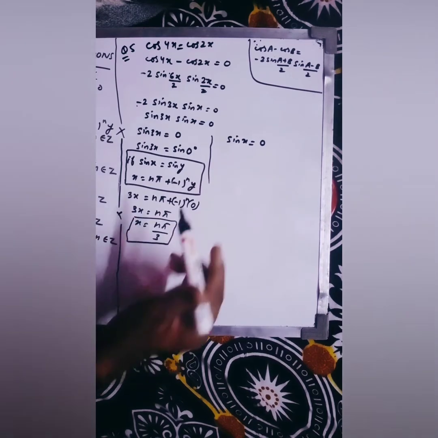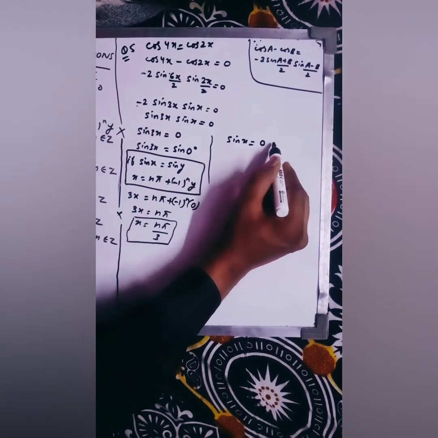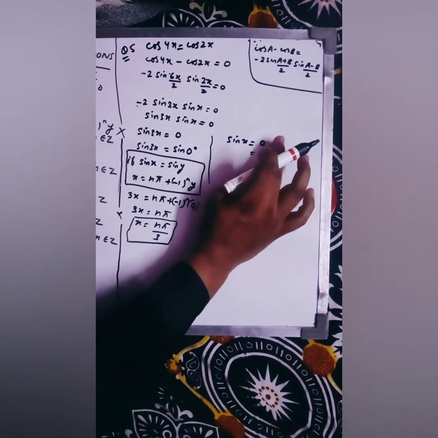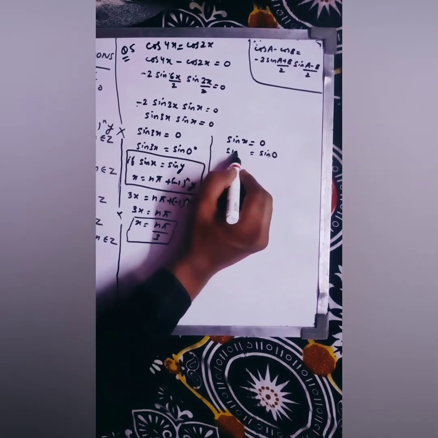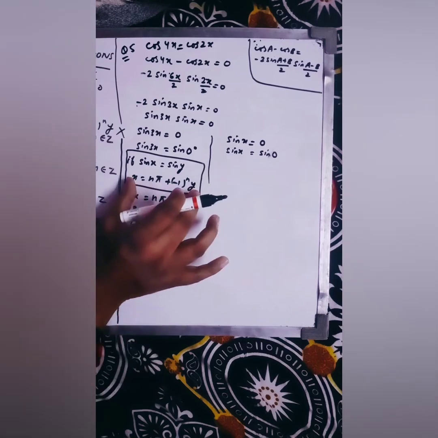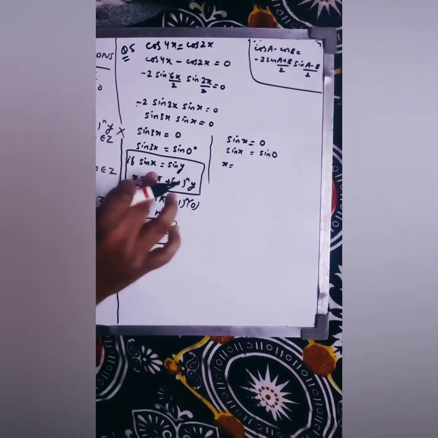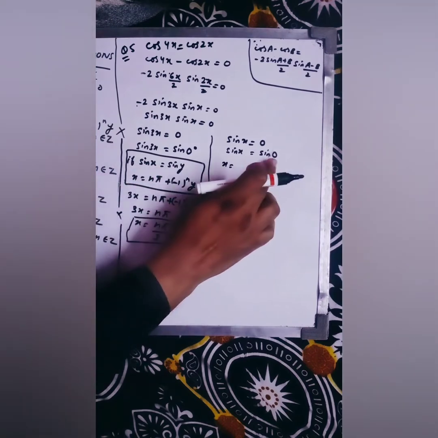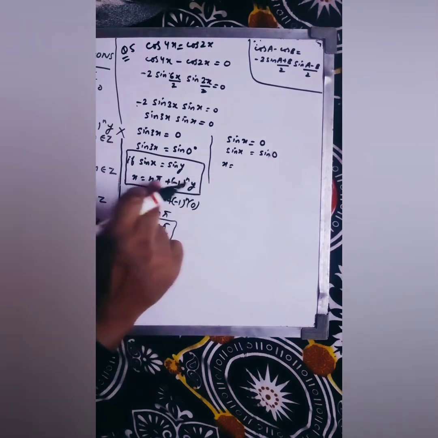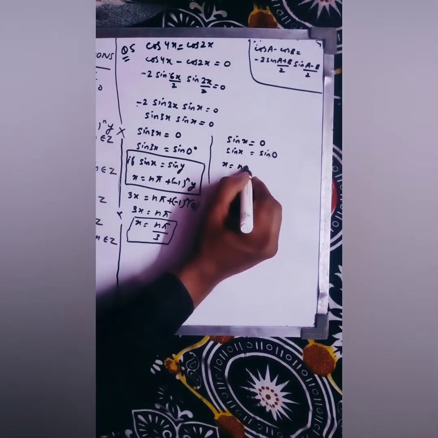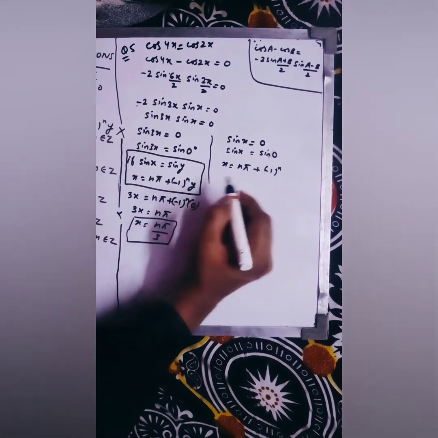Got it? Now if you solve this, again you have to apply, in place of 0, I'm writing sine 0. So this formula again you have to apply here. Your x will remain x, because sine x equals sine y, your y will be 0 in this. So I'm writing the general formula. x is equals to n pi plus minus 1 raised to power n, and your y is 0.